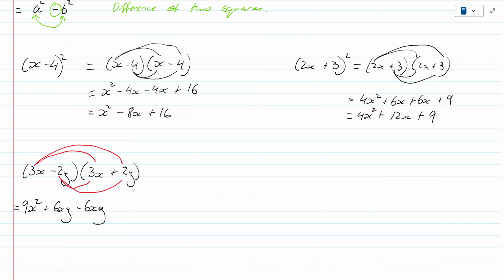Negative 2y times positive 2y, negative 4y squared. Collect your like terms. Positive 6 take 6 gives you 0. So then we have 9x squared minus 4y squared. And that's your answer.